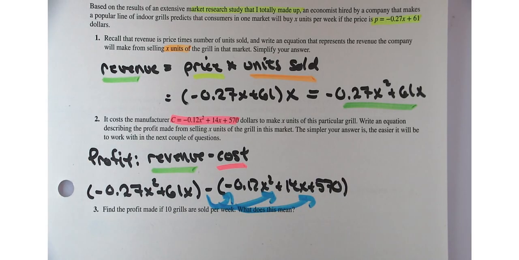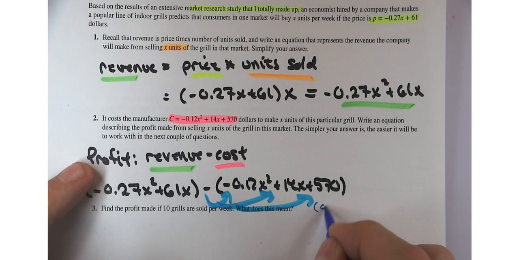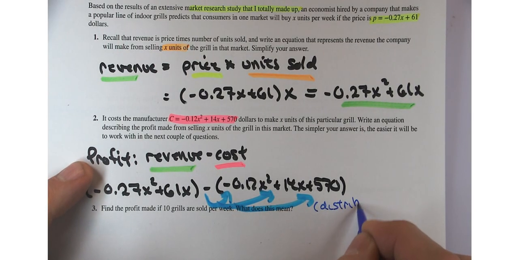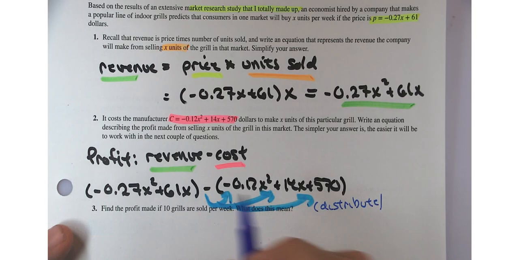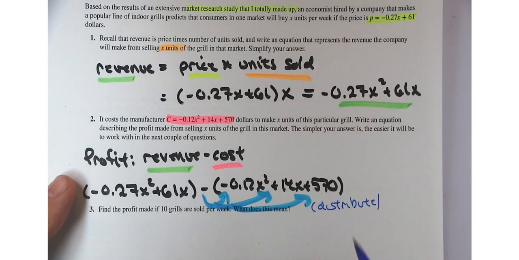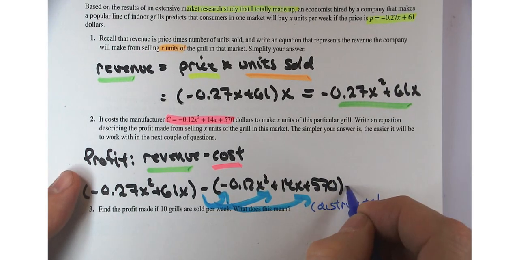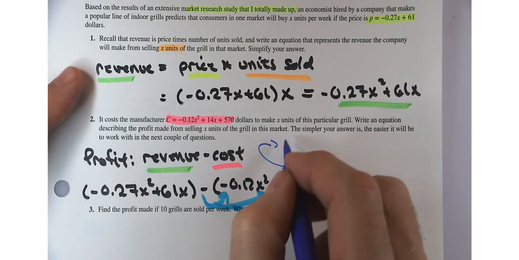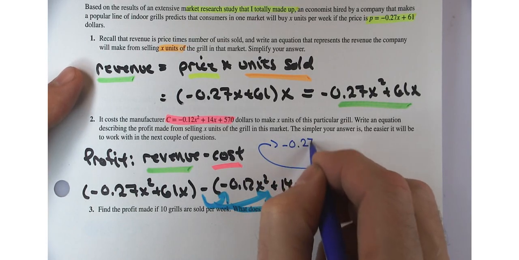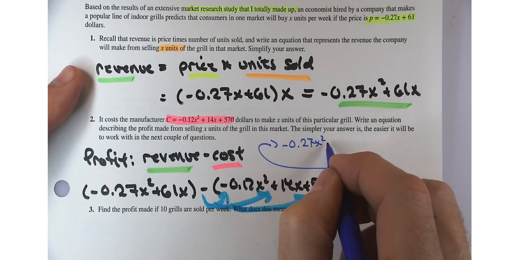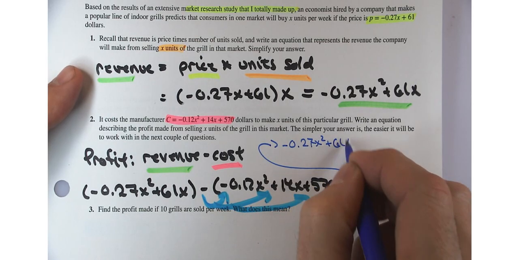So you're going to distribute. I need to write smaller so I can fit everything in here. So when I distribute, that's going to give me negative 0.27x squared plus 61x.